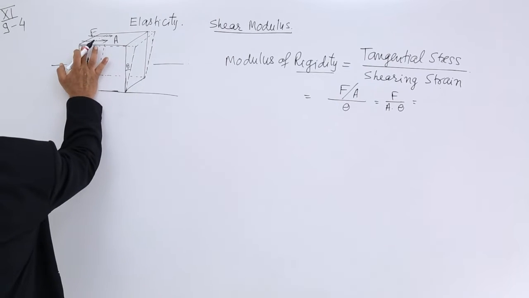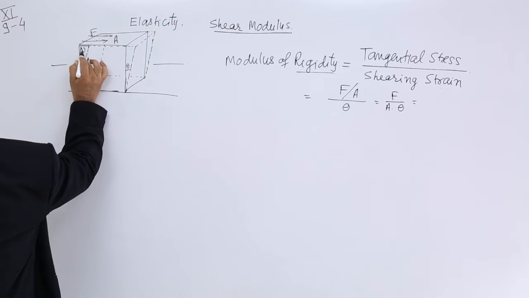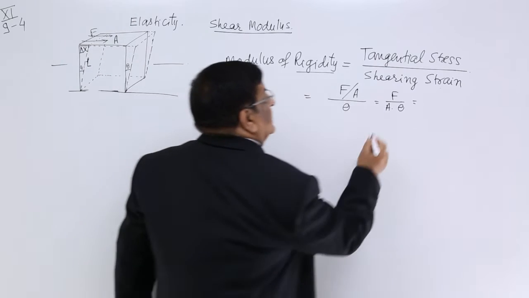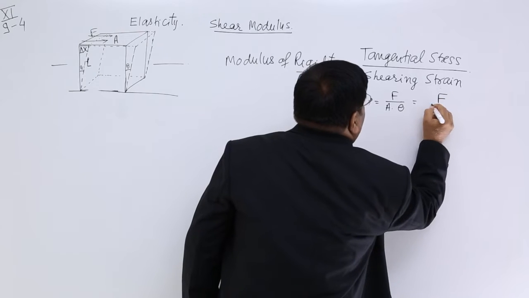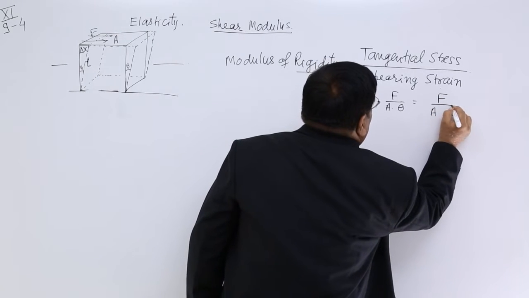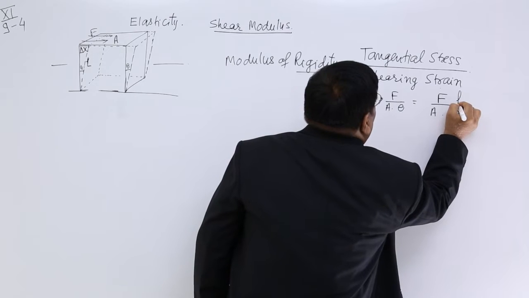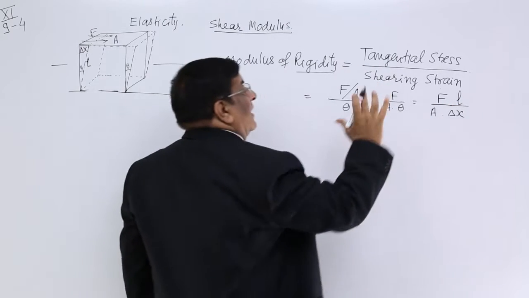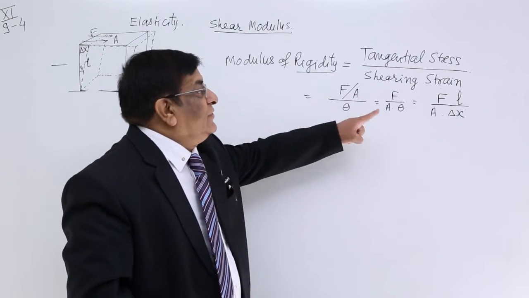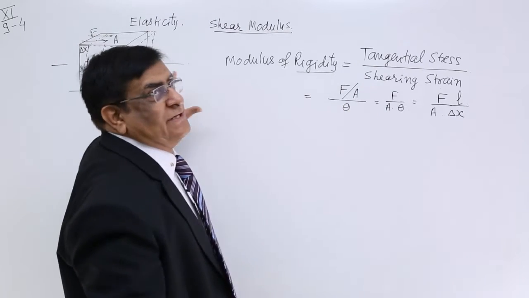Because this is a small change, we can write it as delta x. So we can write this as F upon A into delta x upon L, or height, whatever it is. This is how we can measure it here.